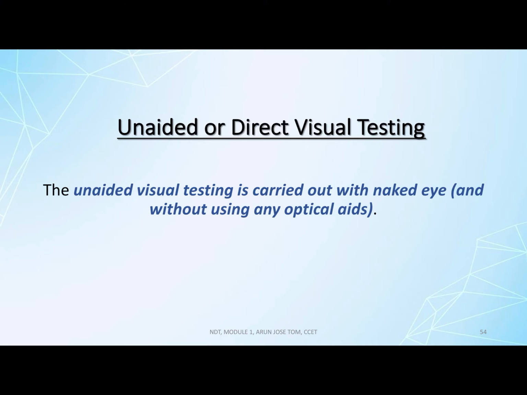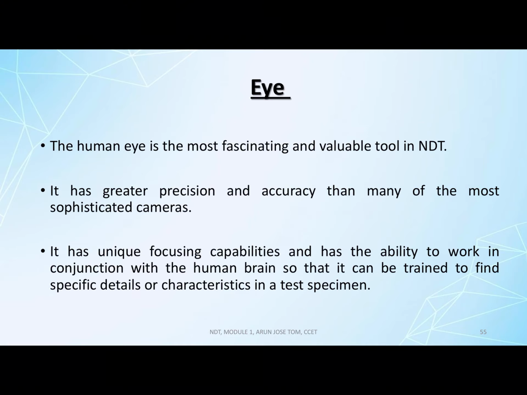So here, without the help of external instruments like telescope, microscope or magnifying glass, we directly observe with the human eye and make a result. The result is whether our specimen is okay or not, or whether we accept our specimen or not. And the eye is an important parameter. With the help of the eye, we make predictions.